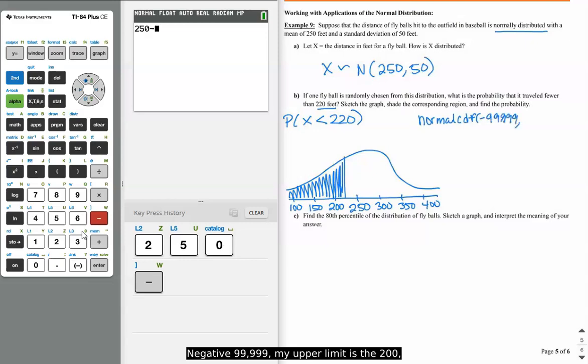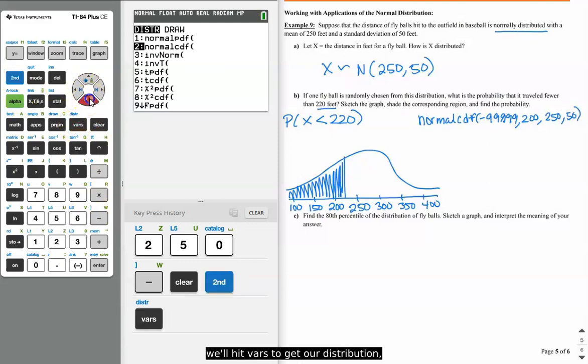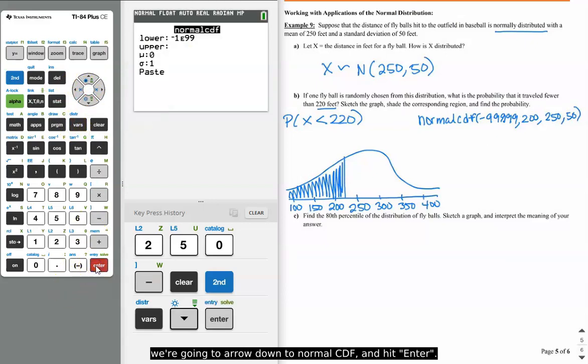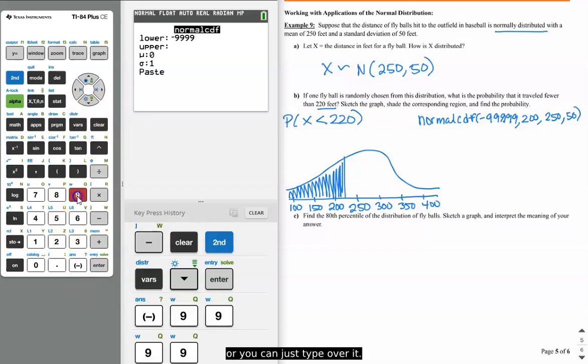My upper limit is the 220, and my mean, since we haven't converted it to the standard normal, is 250 with a standard deviation of 50. So we'll hit second, vars to get our distribution, arrow down to normal CDF and hit enter. The calculator has it sort of defaulted. You can leave it, or you can type over it.